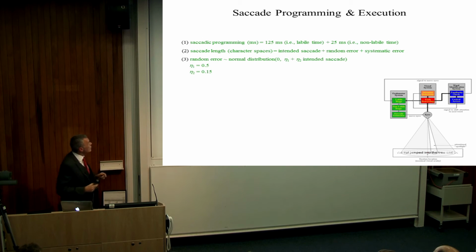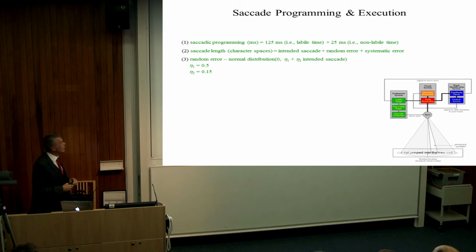The random error refers to a certain amount of Gaussian, or normally distributed, motor error that's centered on zero, with a standard deviation that increases linearly with the length of the intended saccade. So the longer the intended saccade, the more prone to motor error it will be.